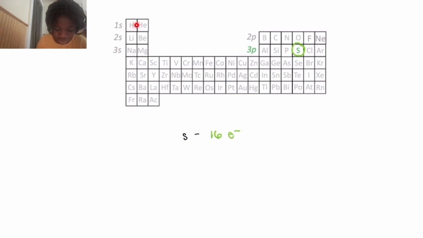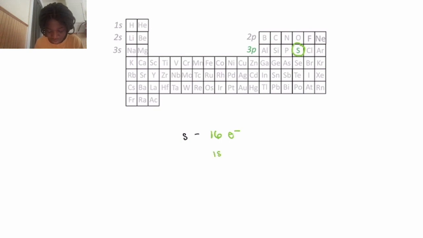So our goal is to go from left to right until we hit sulfur and can stop. Noting that an s orbital can have a maximum of 2 electrons, and a p orbital can have a maximum of 6 electrons. So let's go from left to right.